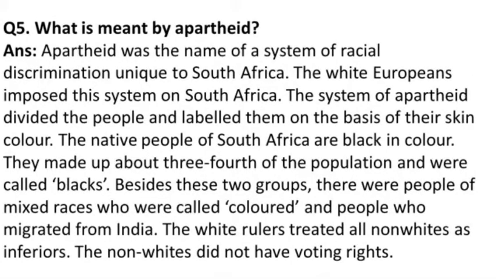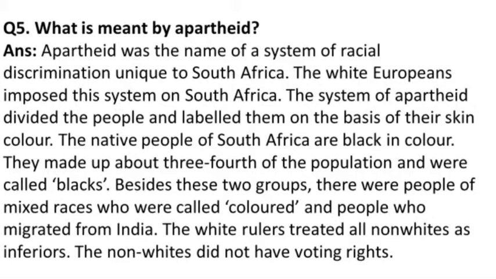Question number 5. What is meant by apartheid? Answer. Apartheid was the name of a system of racial discrimination unique to South Africa. The white Europeans imposed this system on South Africa. The system of apartheid divided the people and labeled them on the basis of their skin color.